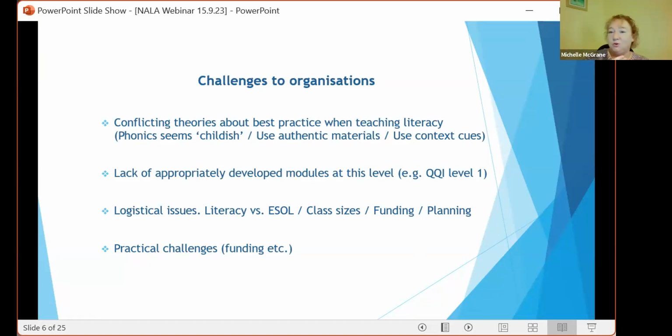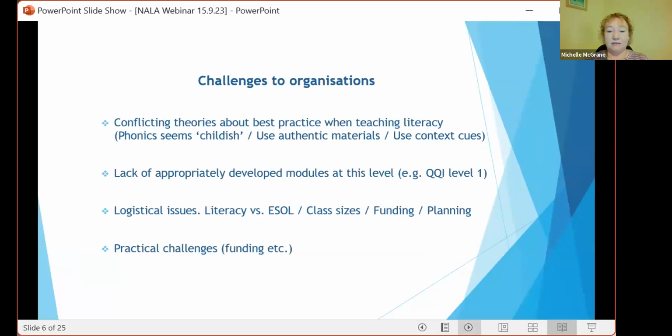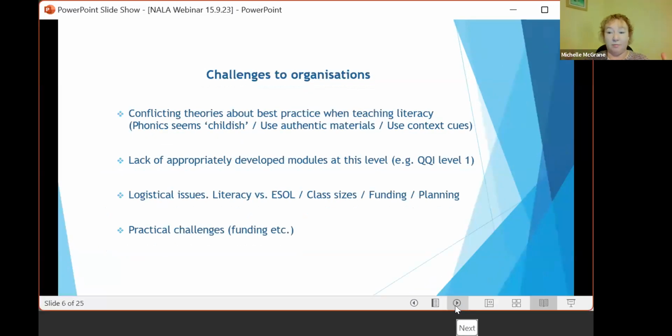Funding is always an issue, planning is always an issue, scheduling, tutors, all of those practical issues. And so when we put all of those together, it's reasonable to say that the whole job of teaching English in Ireland, and specifically teaching reading, and in particular teaching reading to people who maybe can't speak English at all or very well, is a big job.